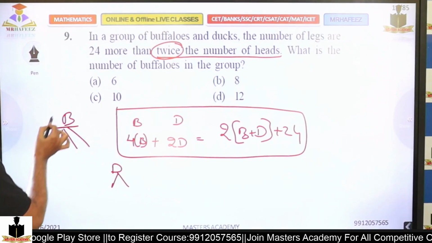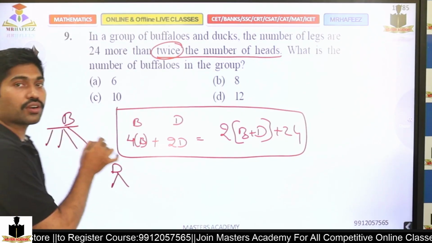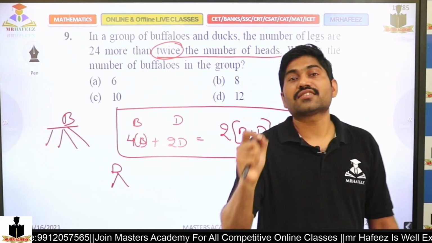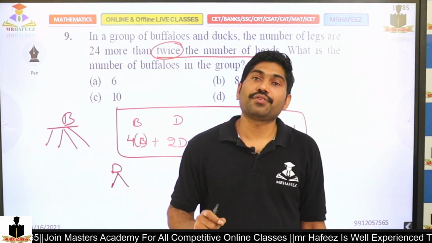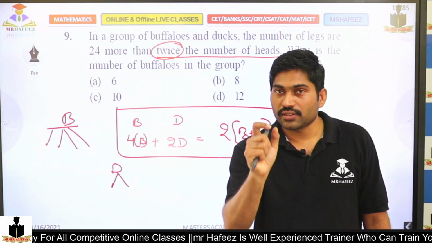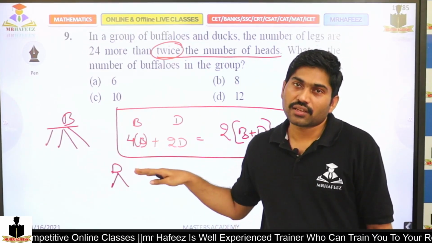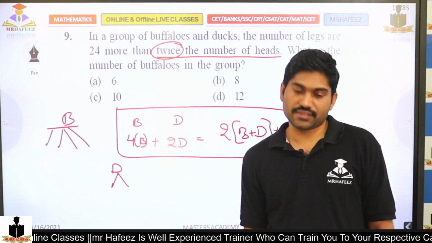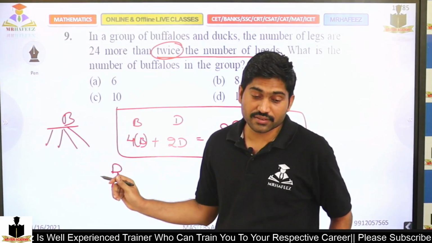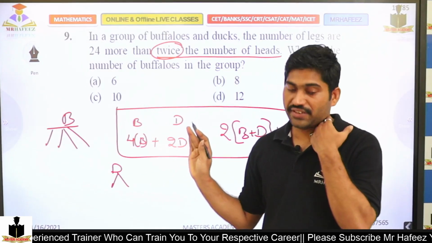So number of buffaloes into 4, I will get legs of buffaloes. Number of legs of duck, 2 times the number of ducks, I can get the total number of duck legs. Are you clear in that? Buffalo legs as well as duck legs. Then later I will explain the equation.